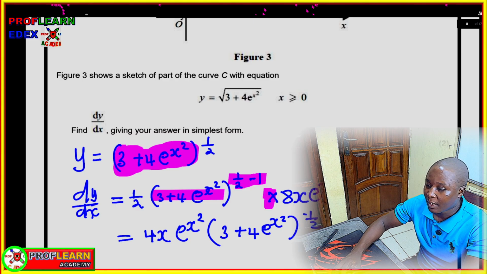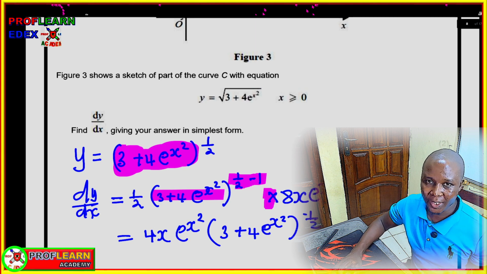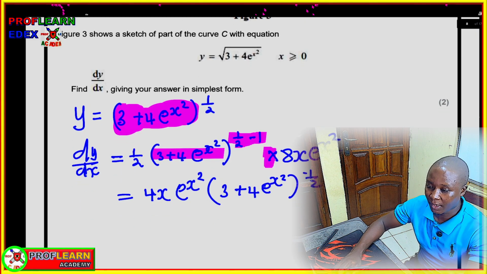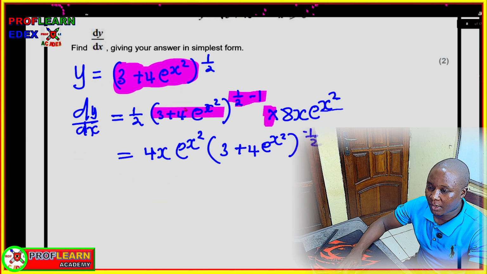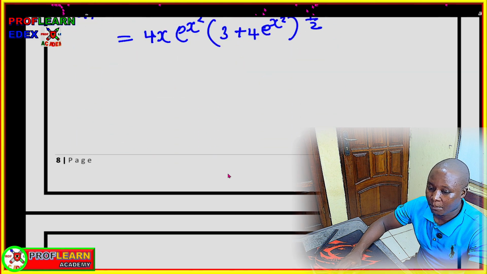Don't forget, you have to leave the power of the exponent the way it was. Guys, don't make a mistake by not following what I'm telling you, because these concepts you have to take seriously. Now, basically, this is what we're going to have, because a half times 8 is going to be 4x, and then our expression is going to remain that way in simplified form.